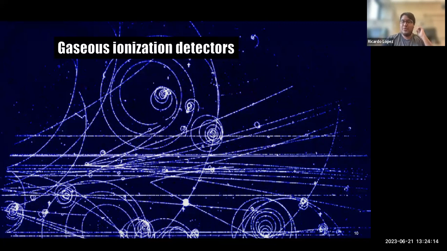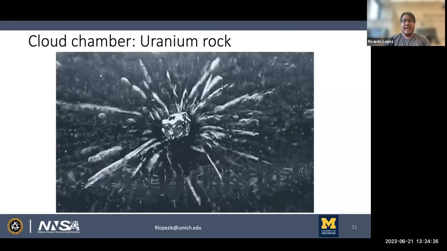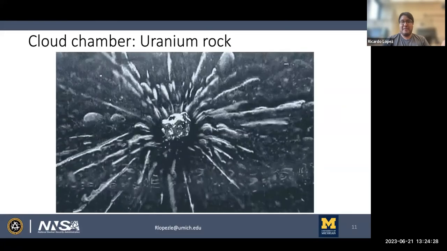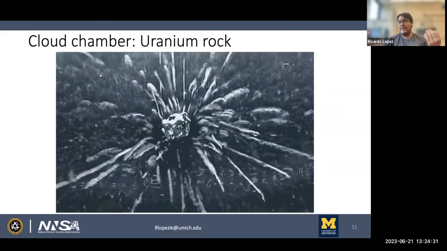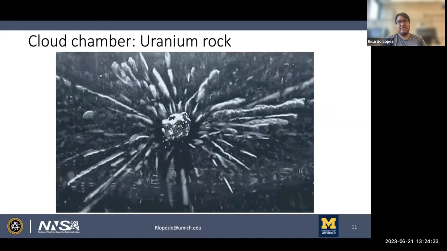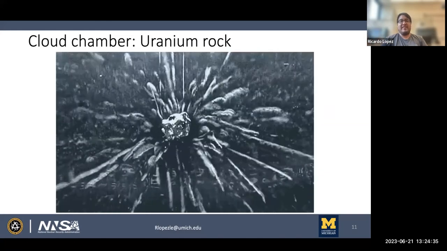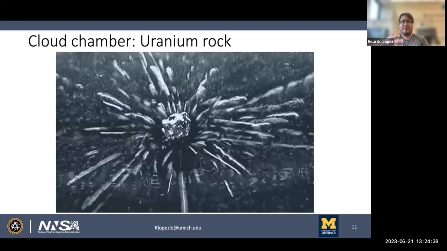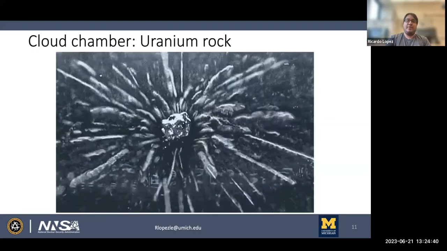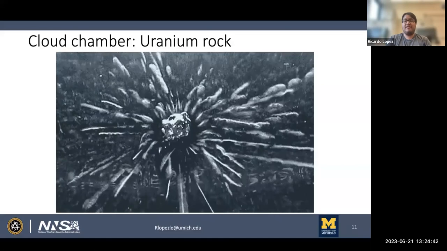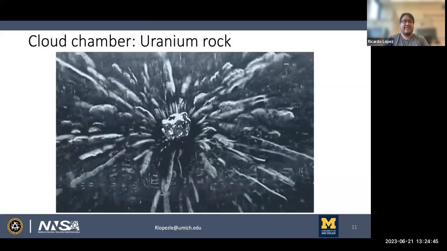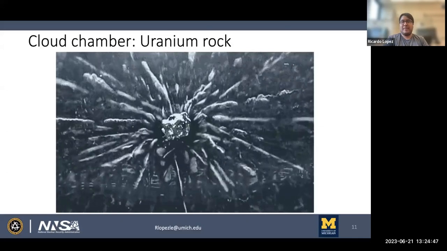So we'll start with gaseous ionization detectors. One of the very common ones that would fall under this category, and that is popular within the general public, would be cloud chambers. There's a very popular demonstration, especially in a lot of middle school or high school science labs, where you can very easily make a little cloud chamber and then place a radioactive sample in the middle, and then you can see visually with your eyes some of the tracks that the particles are leaving behind.